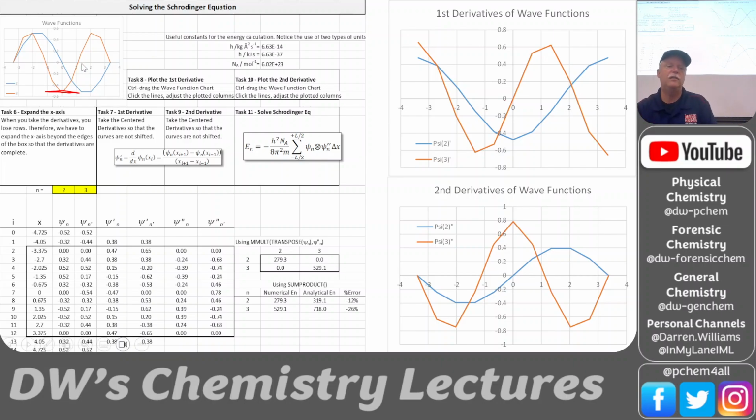Well, that requires a couple of extra points outside the box region. And so on this one, notice we have 2 increments of x beyond the left side of the box. And when we do those centered derivatives, I lose that row. I can't actually calculate this one because there's no data right here. Okay, so we lose a row every time we take a derivative.